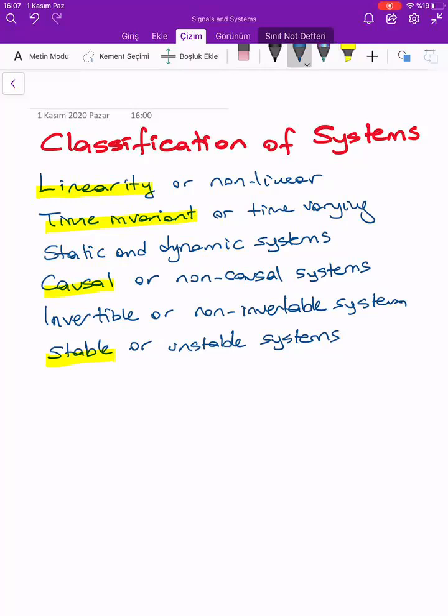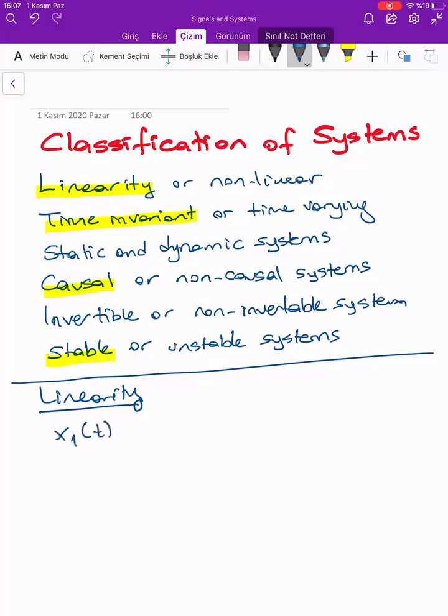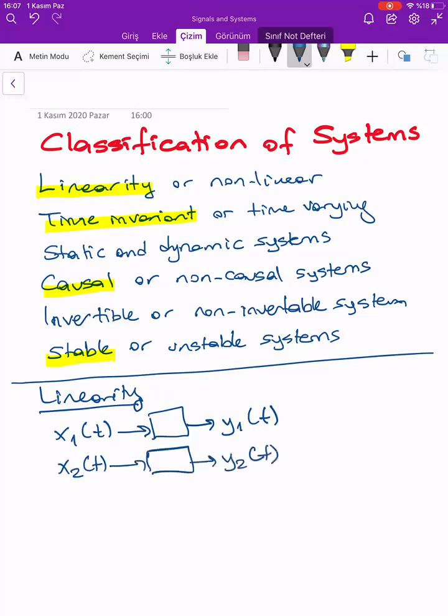When we think about linearity or non-linearity, we should start with linearity here. If you remember, I have one input x1 of t and one system, and my output is y1 of t. I have another input to the same system and I obtain y2 of t.